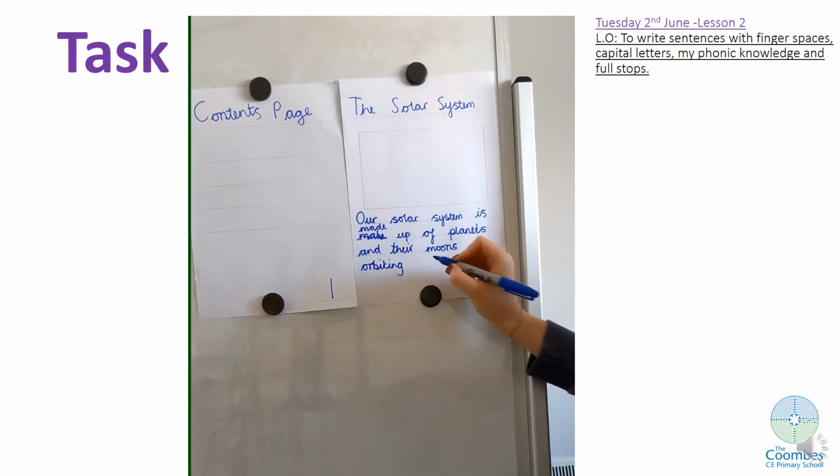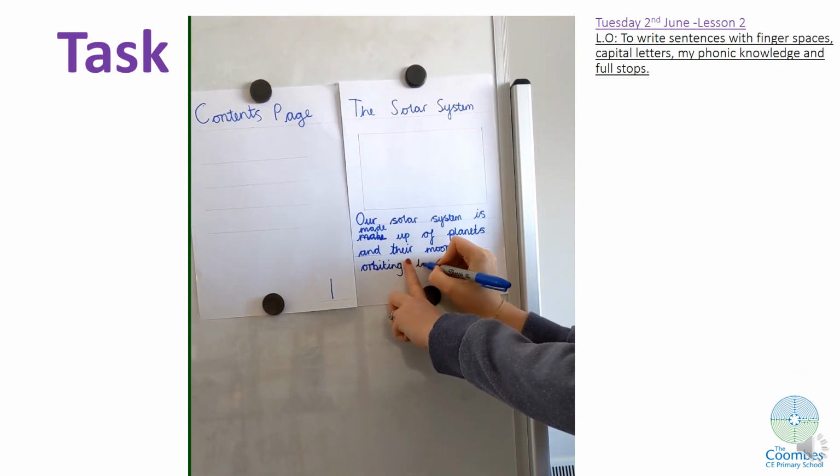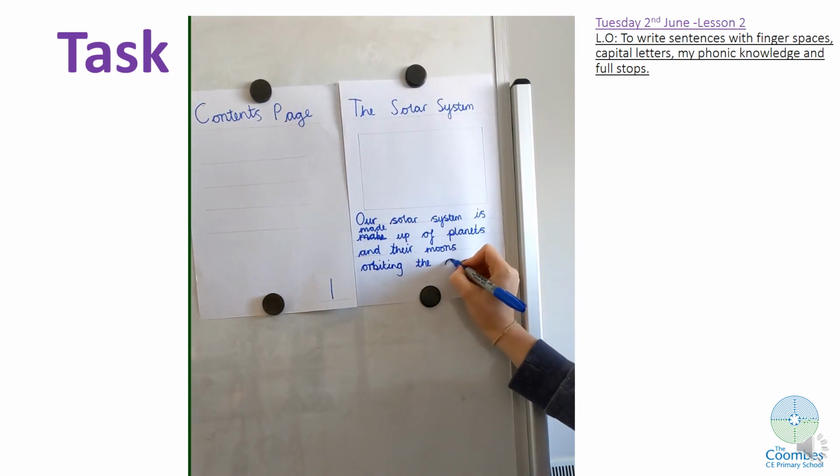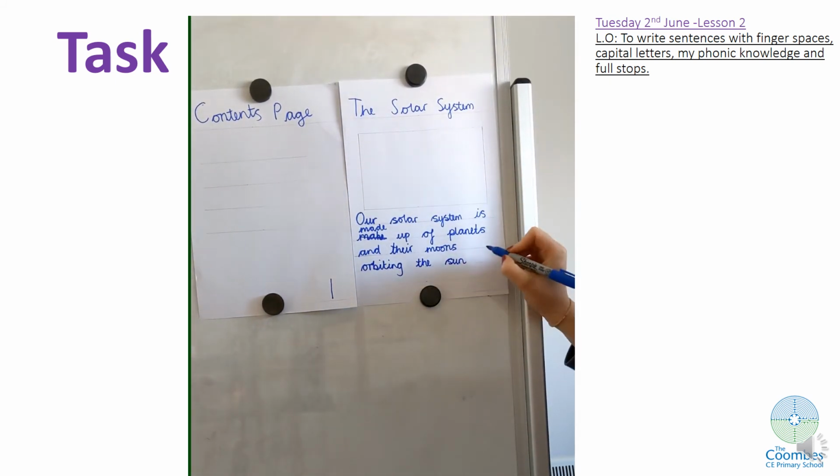Orbiting, finger space, and what do the planets and the moons orbit in the solar system? That's right, they orbit the sun. That's the end of my sentence. What do I need? Well done.